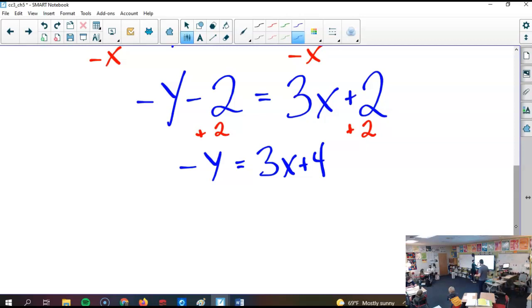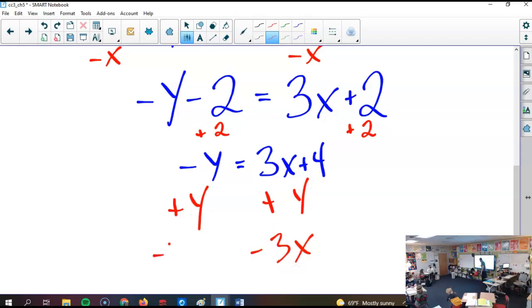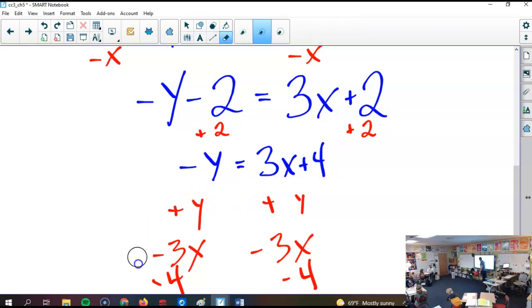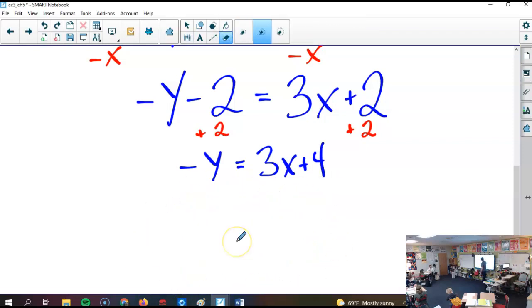Yeah, can I show this real fast? Yes. What Nevin said, please don't write this. What Nevin said was add y on both sides, but then subtract 3x on both sides, and then subtract 4 from both sides, and finally y's over there and everything else is over there. Or just take the negative and just flip it over the wall.